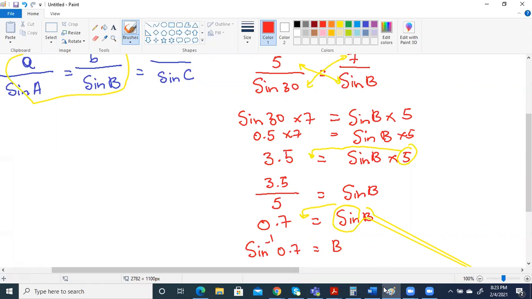So now you need to plug this in your calculator. You need to touch shift if that's on the calculator.